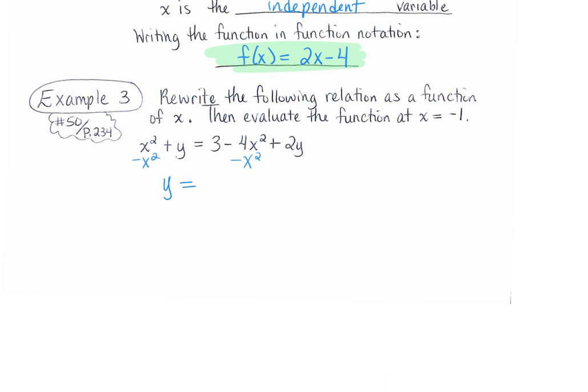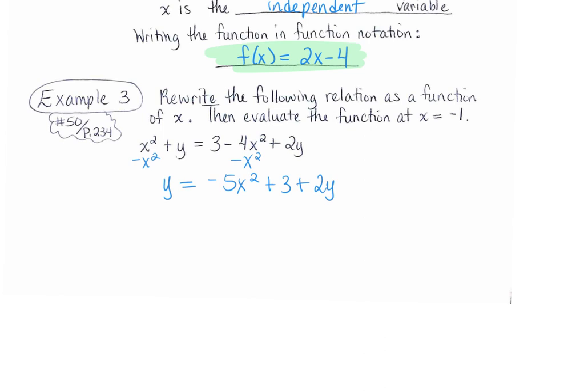Y equals negative 5x squared plus 3 plus 2y. Everybody good here?